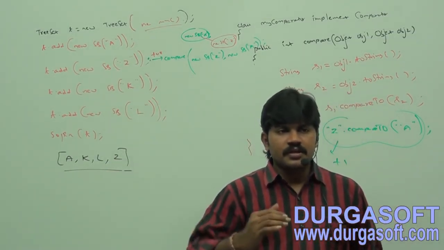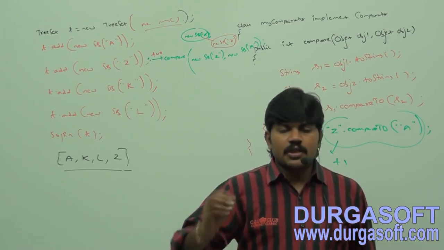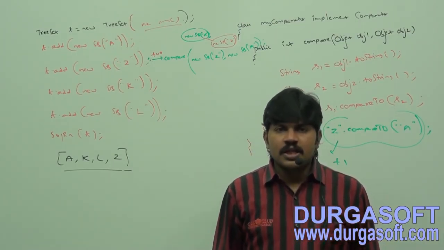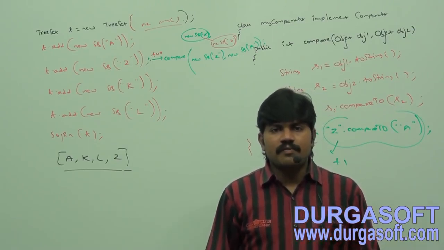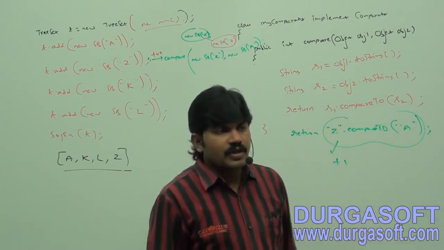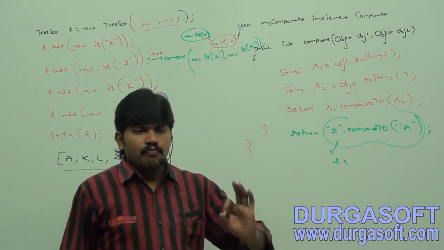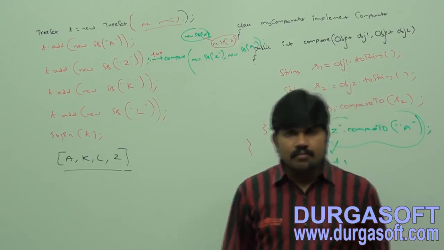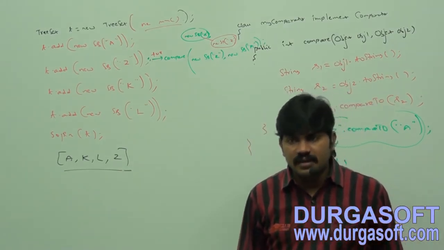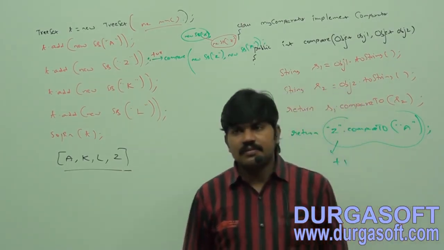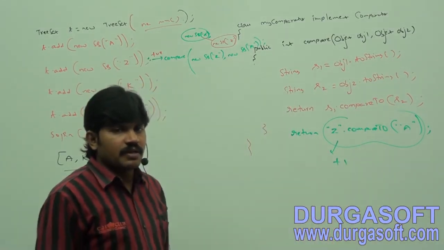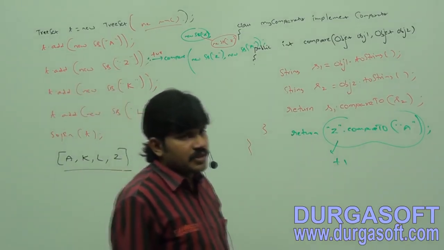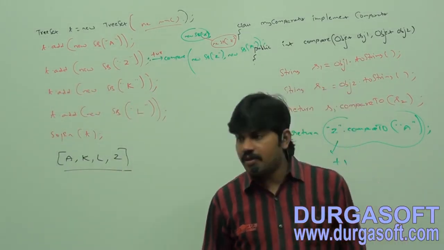Are you getting? Next para. If we are defining our own sorting by comparator, then objects need not be comparable.